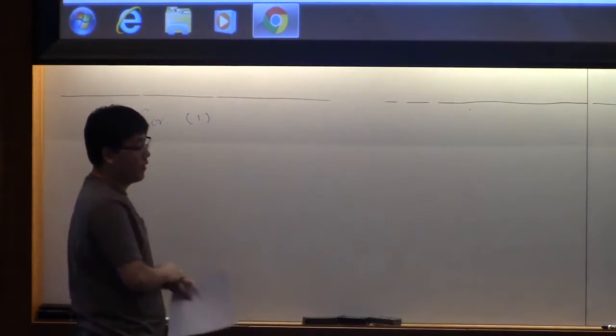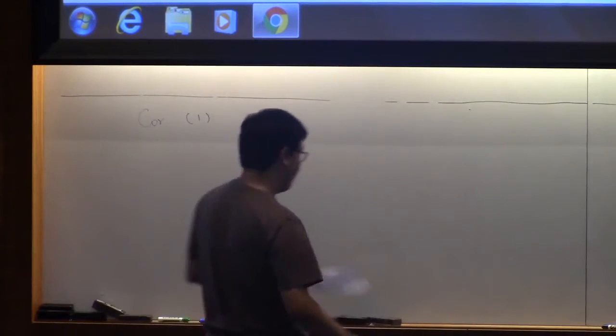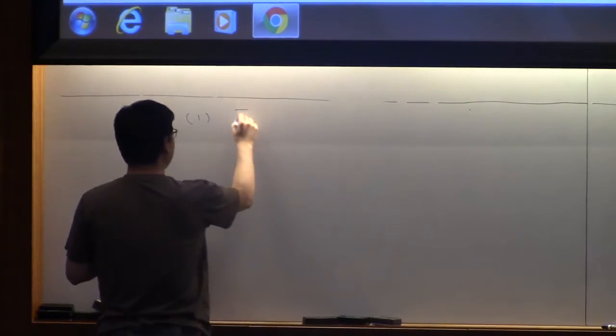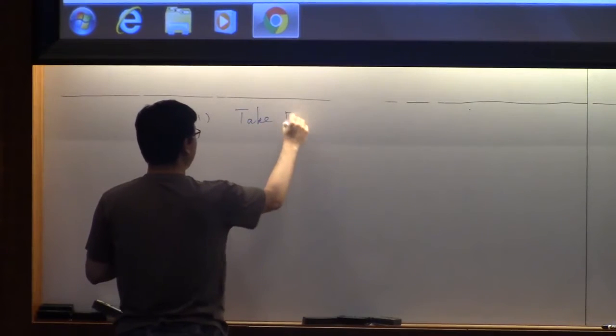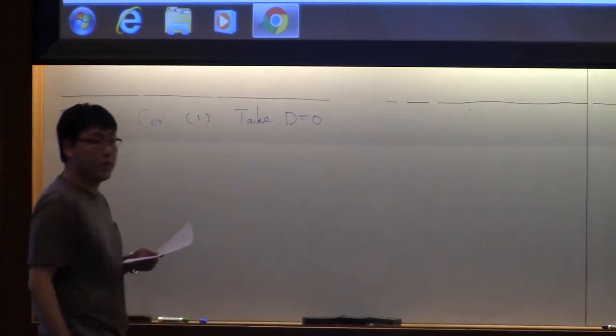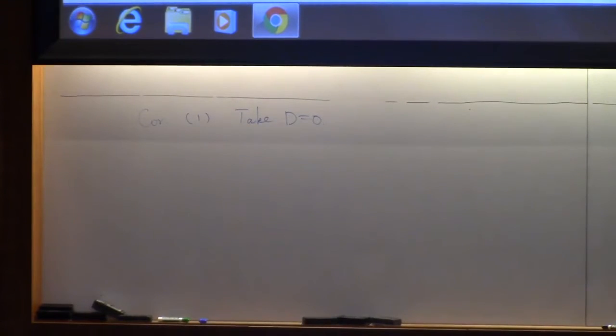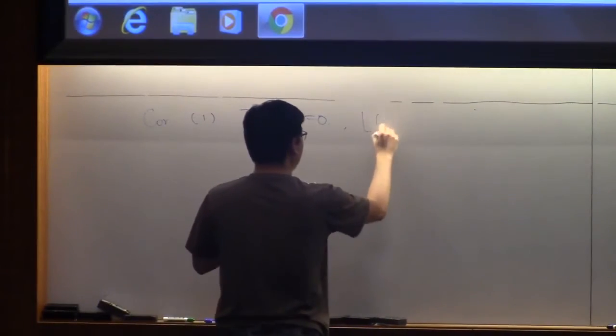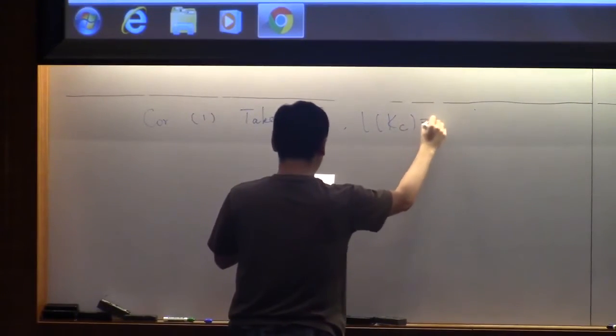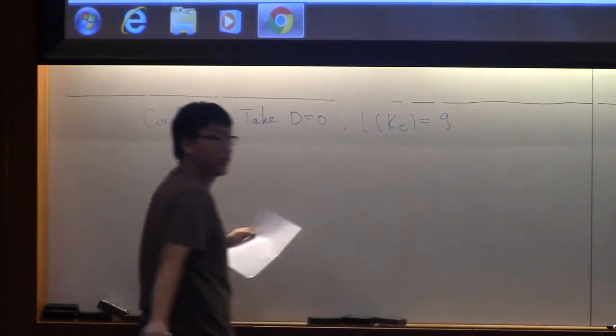The first one, in that theorem, you just take the divisor to be the zero divisor. Then we know that this L(0) is 1, and the degree of the zero divisor is 0. And then you compute that the dimension associated to the canonical divisor is g.